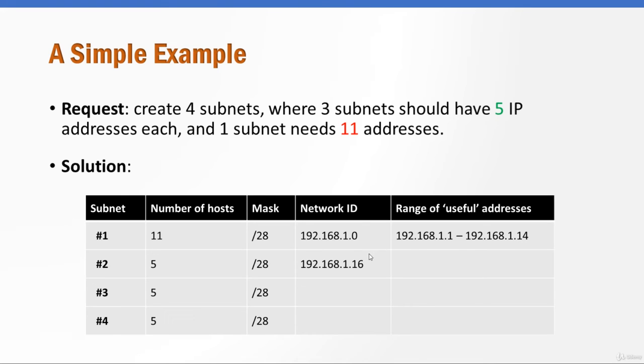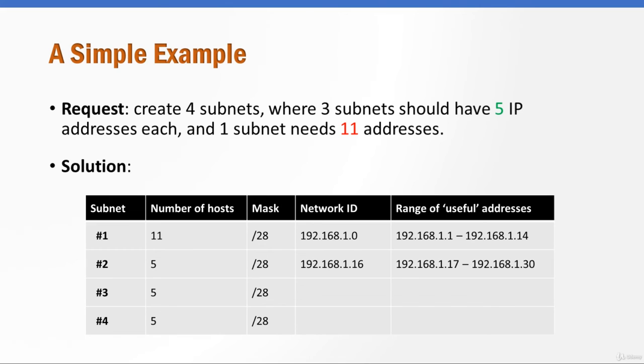So the next IP address is 192.168.1.16, and we're going to use that as the network ID for our second subnet. The range of useful IP addresses in the second subnet is going to be the next 16 IP addresses as in the previous example, from 192.168.1.17 to 30. And then 31 will be the broadcast IP address for the second subnet.